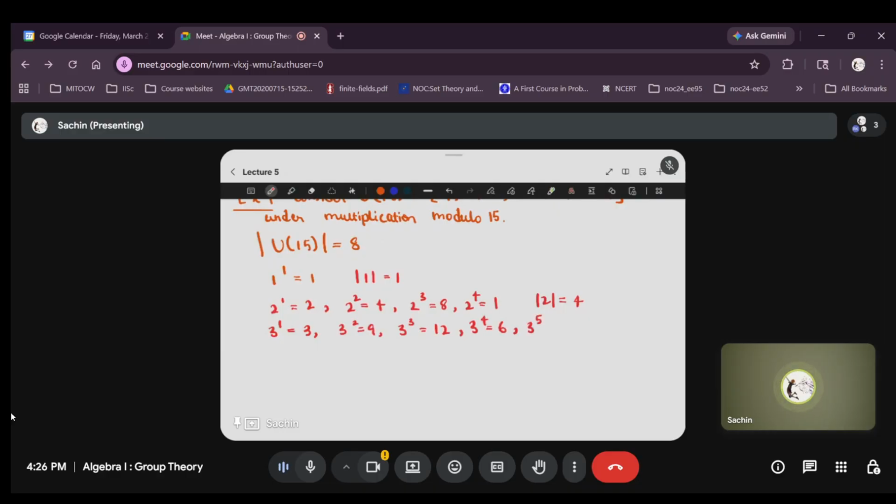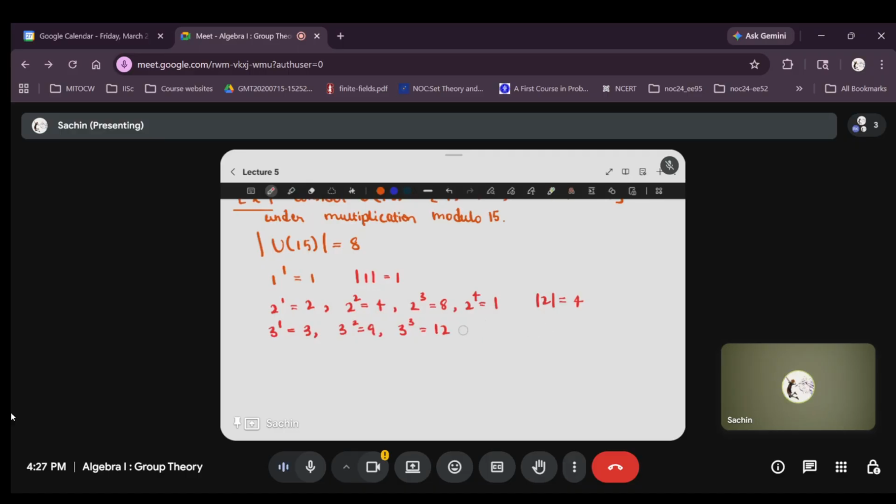And 3 power 5 is 18. Sorry, what am I doing? 3 is not even a member of this group.